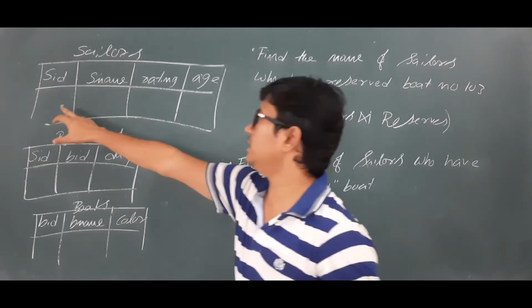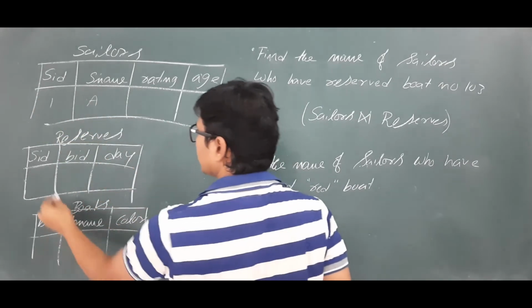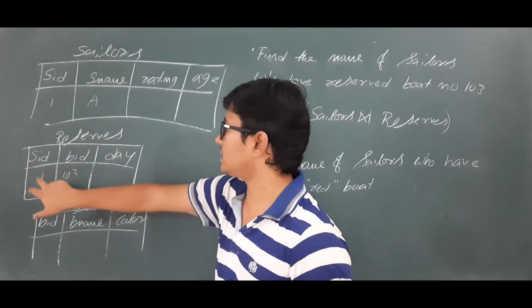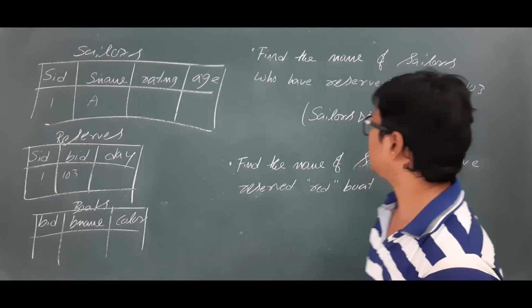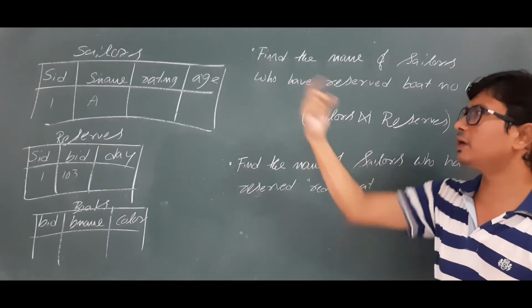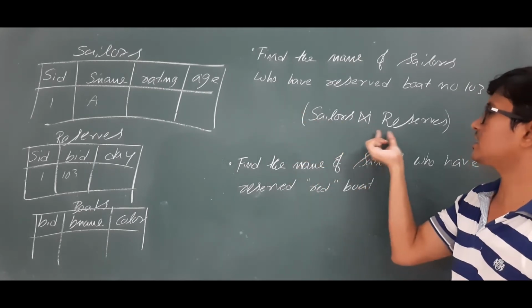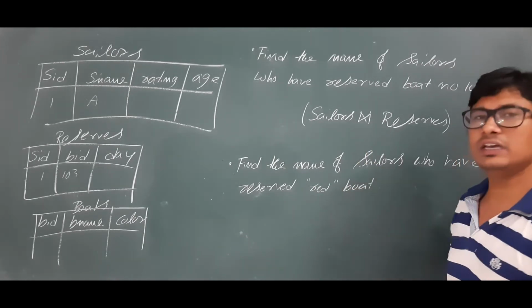If an SID is one, whose name is A and some rating is there, and he has reserved 103, then this SID should be the same. Only then can I identify his name. Are you able to understand? So I am applying the natural join. Or if you want, you can apply the equijoin, mentioning sailors.sid equal to reserves.sid as a condition.